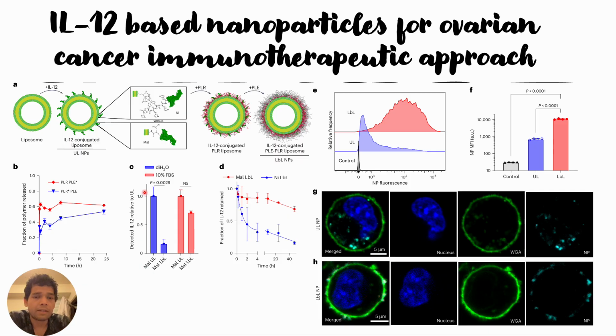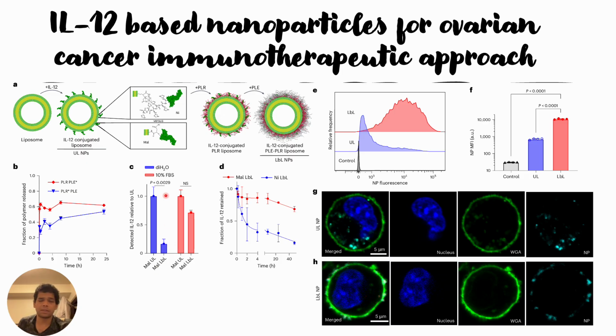For the conventional they considered the reference of the interleukin 12 expression as 1, and they did an ELISA to check how much interleukin 12 is attached to the plate. For the conventional, in the DI water they see signals that are considered as 1, and for their coated nanoparticles, the amount of IL-12 attached to the ELISA plates is lower.